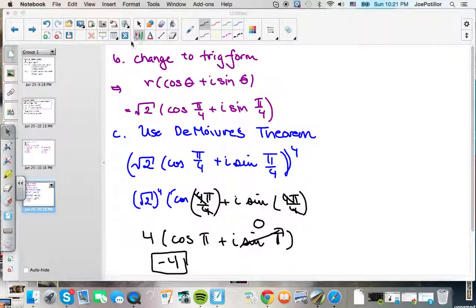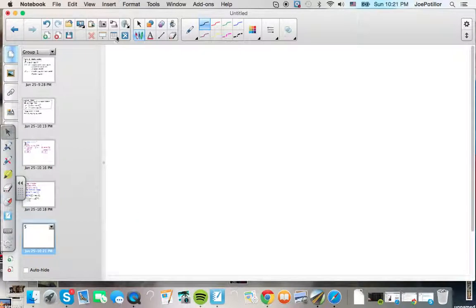And then on to example 2. Find 3 plus 3 square root of 3 i to the 7th power.